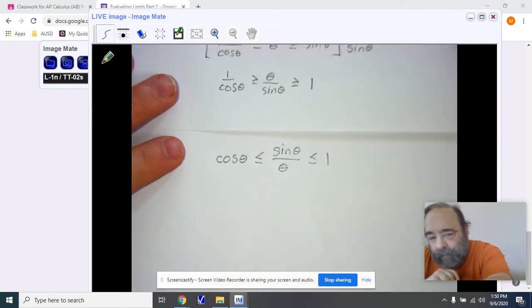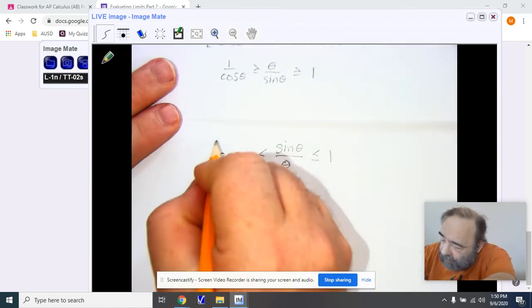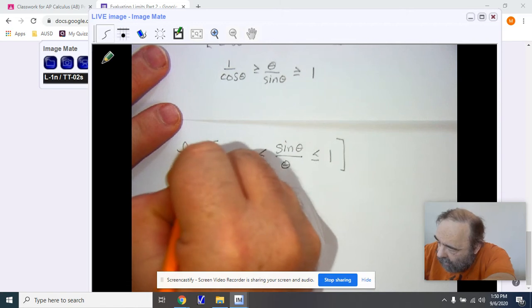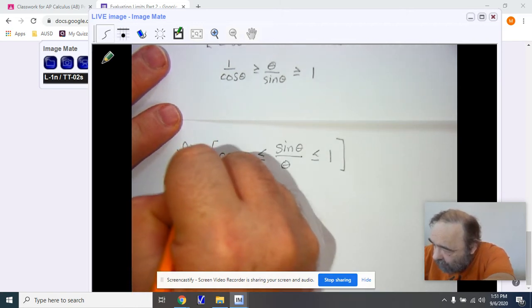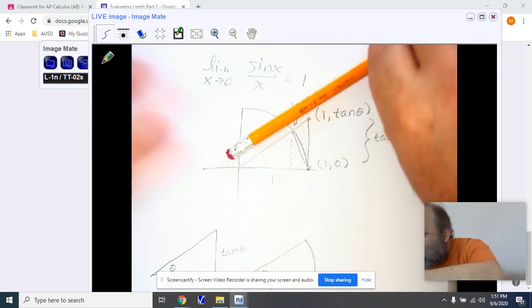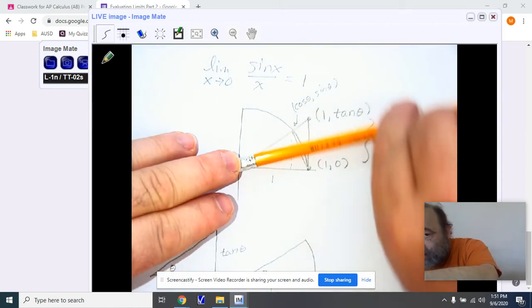I'm now going to apply my limit as theta approaches 0. You'll notice in this picture, this side is moving down and our angle is getting smaller. That's what's creating the squeeze theorem.